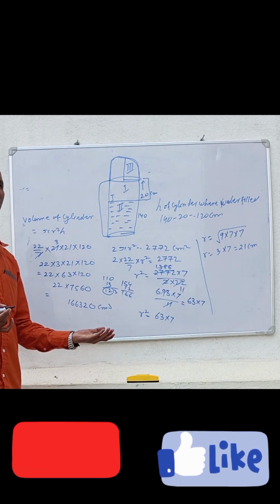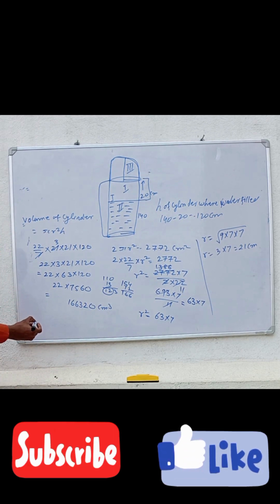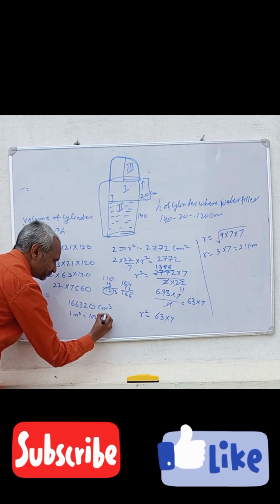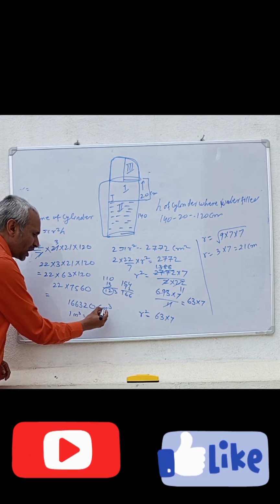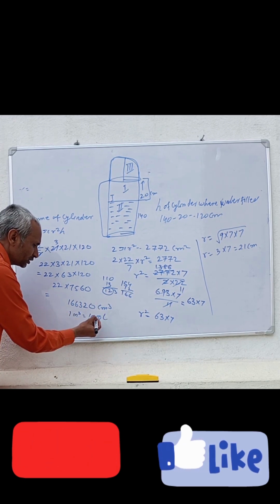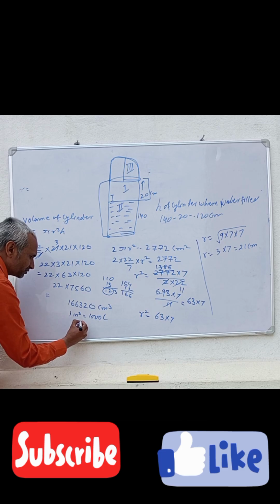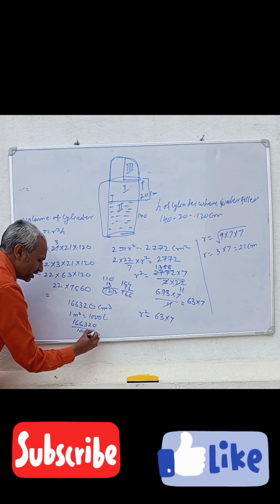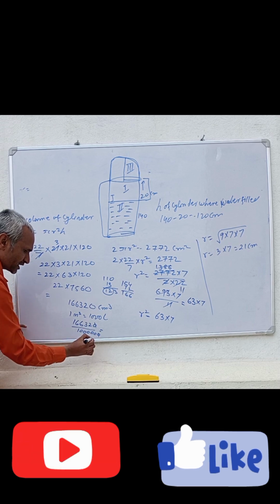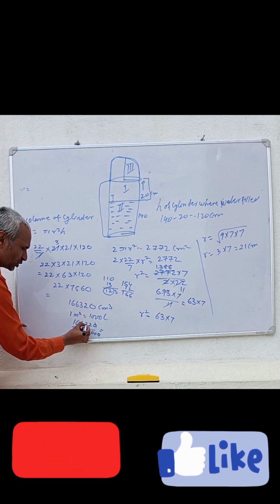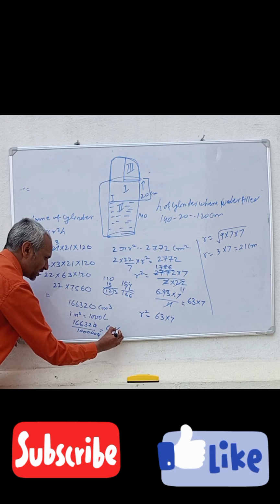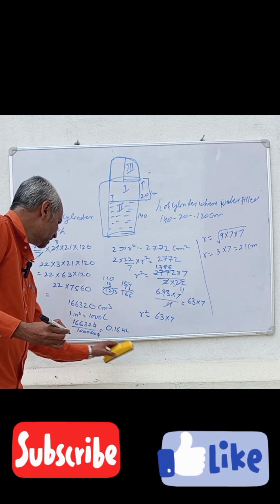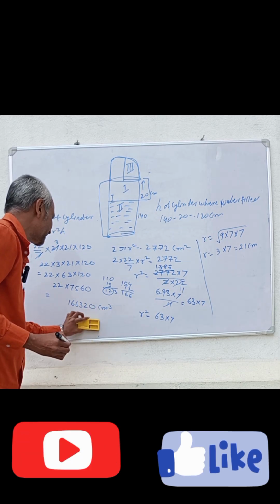You know 1 meter cube is equal to 1000 liters. So we change it into meter cube first, dividing by 1000 again and again. This is how many kiloliters of water can be filled in it, but it is not asked here. It only asks how much water is filled inside it.